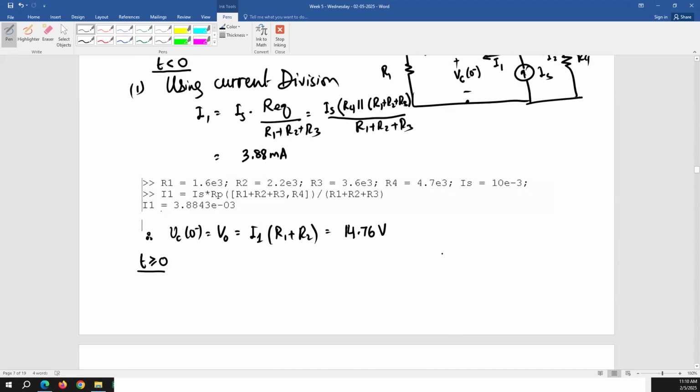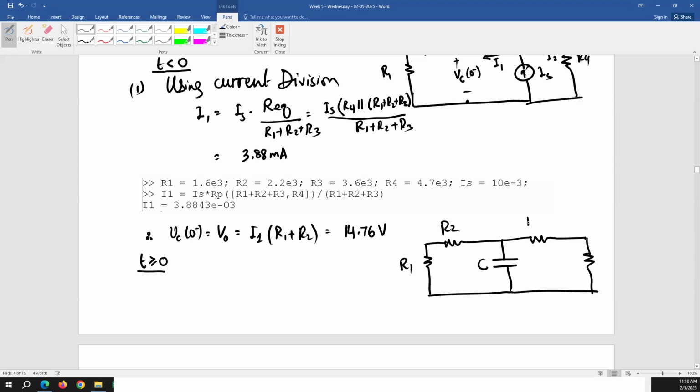So let's redraw the circuit real quick. You have R1, R2, capacitor, and then R3, and then R4. R1, R2, capacitor, R3, and that's our source free circuit.